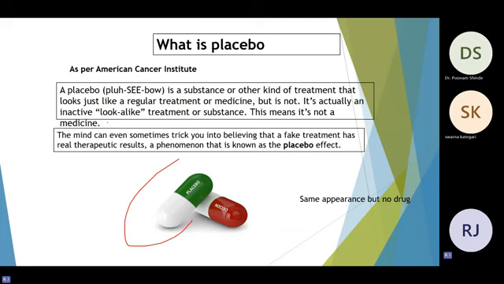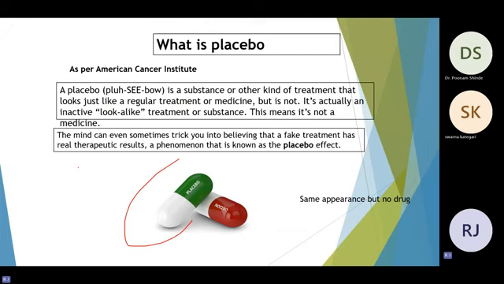For example, if we are doing a trial for back pain and we are testing diclofenac, people will think, okay, I'm taking diclofenac, my pain should reduce. They will have that mind trick, right? That mind trick, and the pain will reduce.